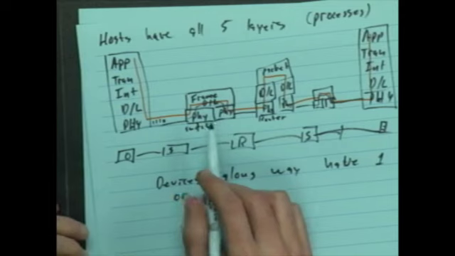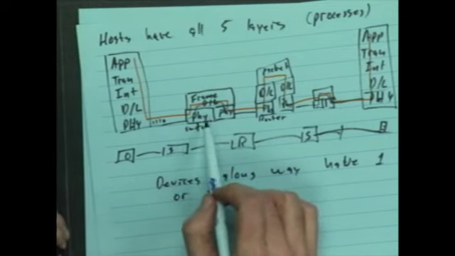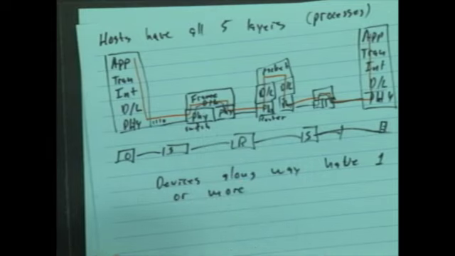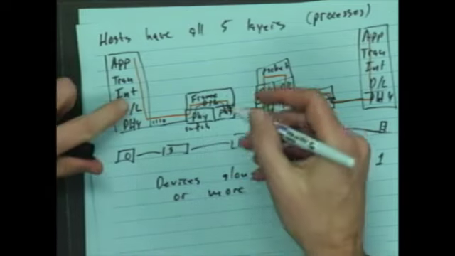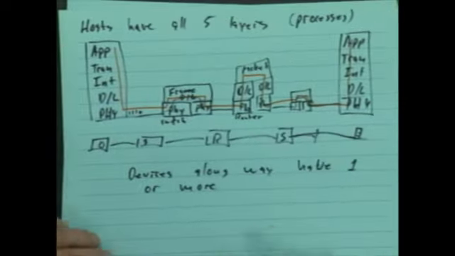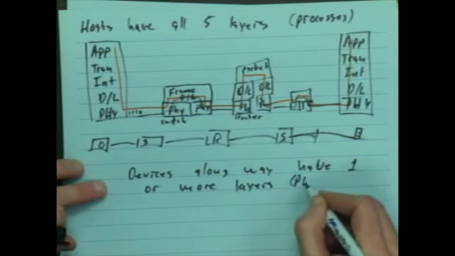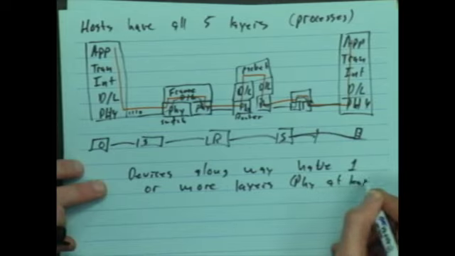I might talk later about devices that have multiple physical ports. It's crazy, and we'll see one of those later. But so a switch, sorry, one or more layers. We'll put layers. Okay. So there is physical at least.